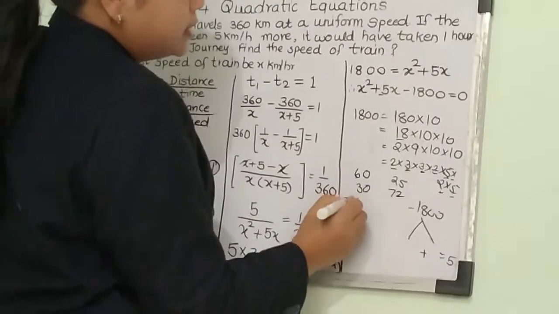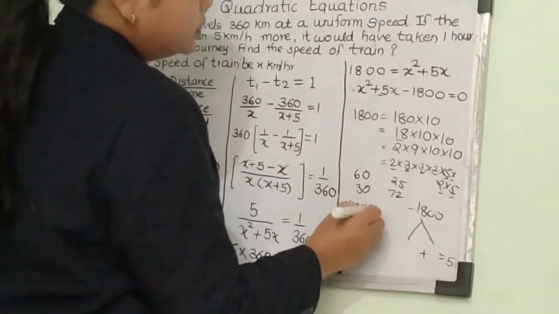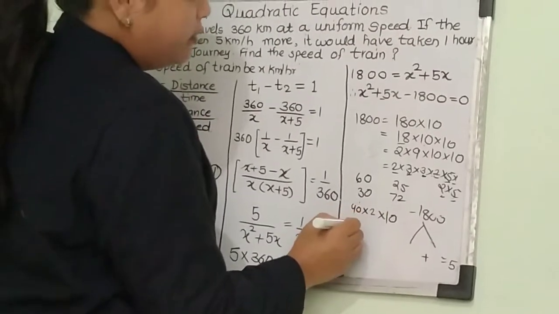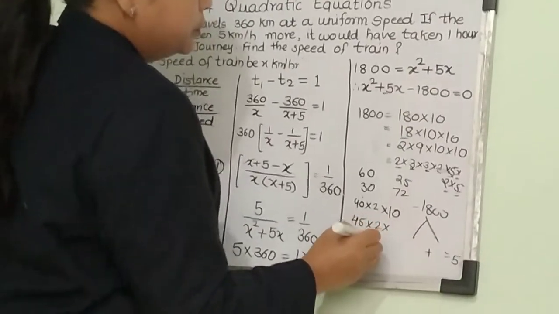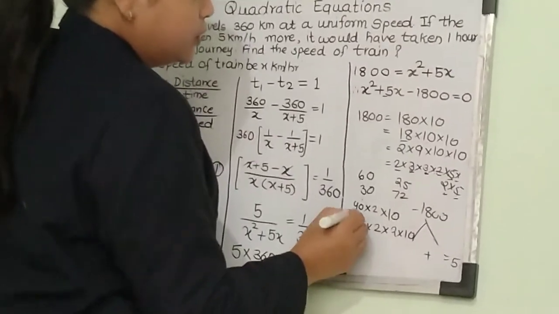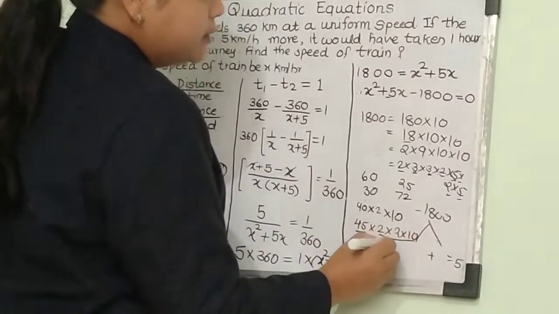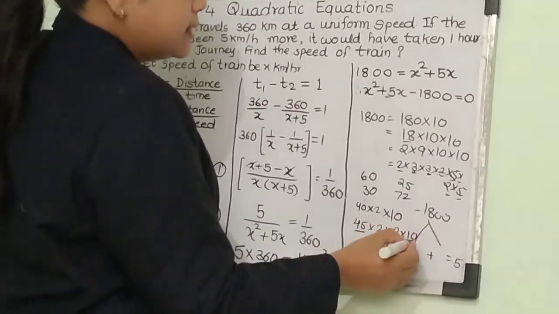Now if I consider 90 into 2 into 10. So here I will factorize as 45 into 2 into 2 into 10. So here I will get 45 and these numbers are 40. 2 2s are 4, 4 10s are 40.